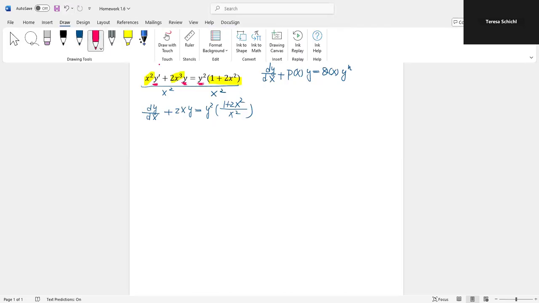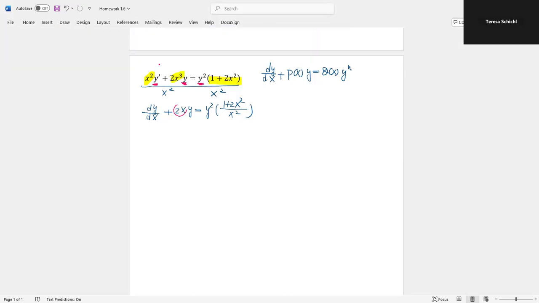This will be my p(x), and this will be my q(x), and my n here is equal to 2.